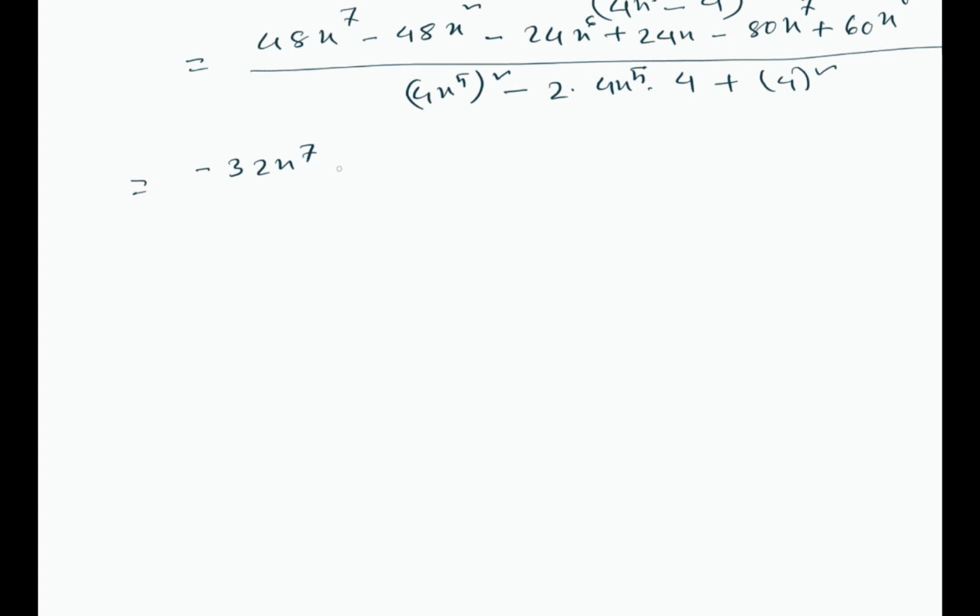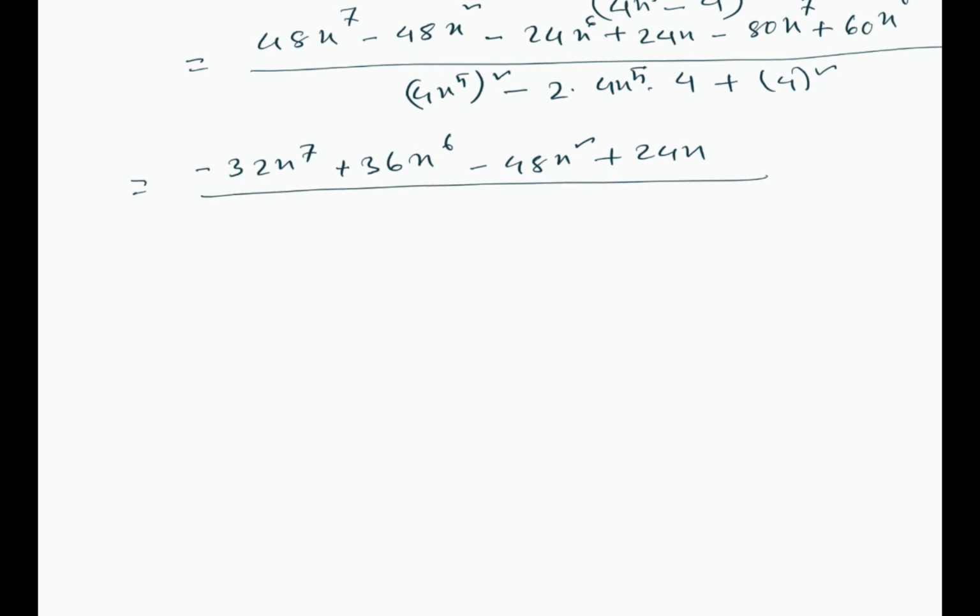Then we have 60x to the power 6 and 24x to the power 6. How much? 60 minus 24, it will be 36. So plus 36x to the power 6, right? Then we can add minus 48x squared, then plus 24x, right?